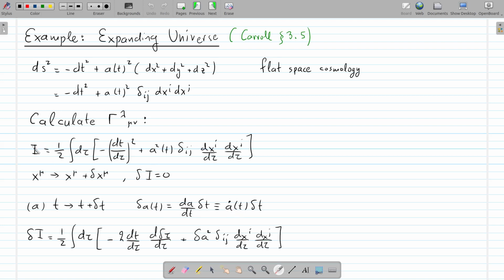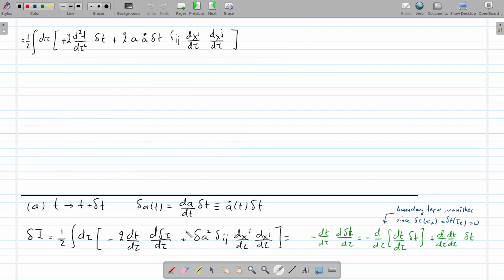Therefore, the variation of the integral is given by varying the first term, which gives us 2 times dt by d tau times d delta t by d tau. And here we have just the variation of a squared, which is equal to 2 times a dot a delta t. And we also do a partial integration like we did before. Here are the details.